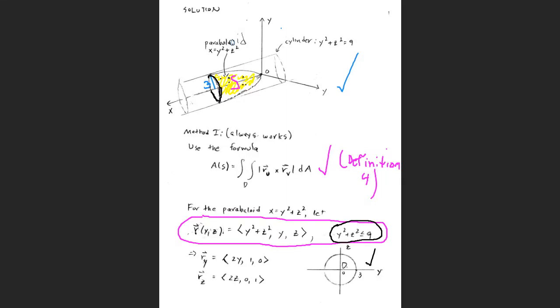That region D is described by y squared plus z squared is less than or equal to 9. Please let me know if you have any questions. The derivative vectors are easy to get based off of our components.